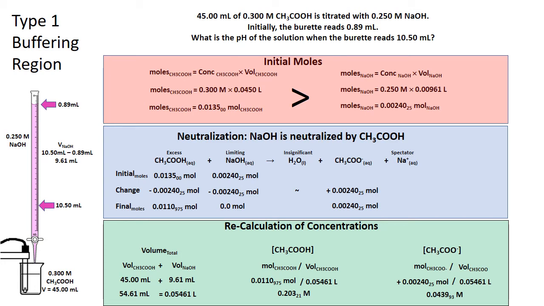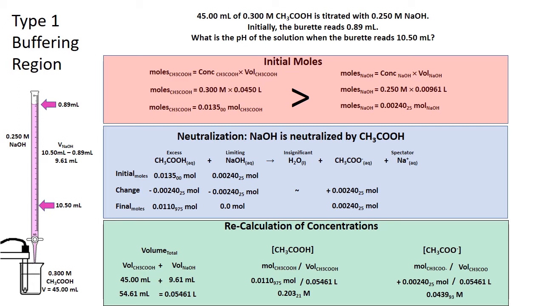All right, so just to summarize, in doing a problem like this, it's best to look first at the number of moles, use the information that you have to calculate the moles of acetic acid and moles of sodium hydroxide. A quick comparison of these moles tells us whether we're still in the buffering region or not, and we are clearly in the buffering region because we haven't added enough sodium hydroxide yet to neutralize all of the acetic acid. The next step is to determine, well, what's left of the acetic acid.